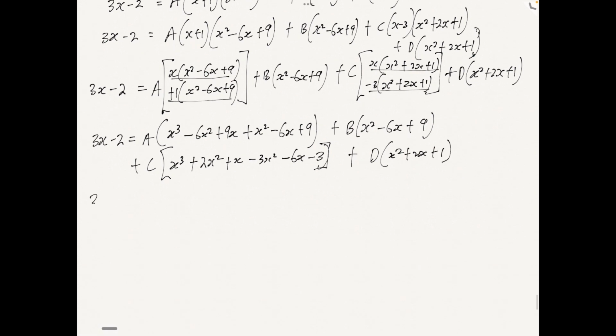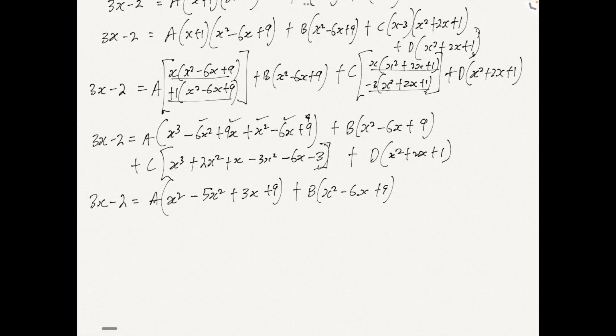Now we're almost done. So 3x minus 2 is equal to a. We take the x squared together and the x together. So we have x squared, we have minus 6x squared and plus x squared, so that will give us minus 5x squared. We have 9x and we have minus 6x, and 9 minus 6 will give us 3x, and then we have 9, plus 9, plus b into x squared minus 6x plus 9, and plus c, we have x raised to power 3, we have 2x squared, and we have minus 3x squared.